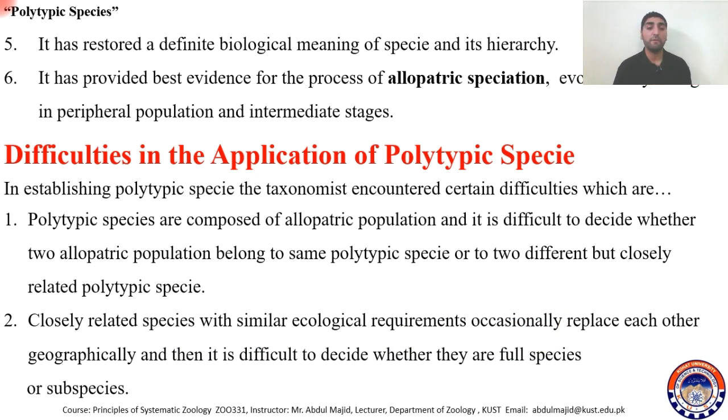And then it is difficult for a taxonomist or a systematist to decide whether they are full species or subspecies, because they occasionally switch their geography. And this is the definition, that they will be geographically isolated. But if they are switching, then you cannot decide whether it is a subspecies or a full species.